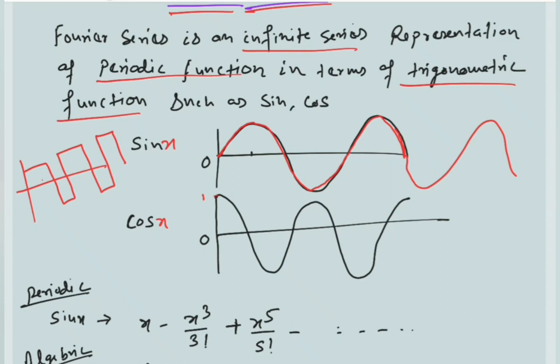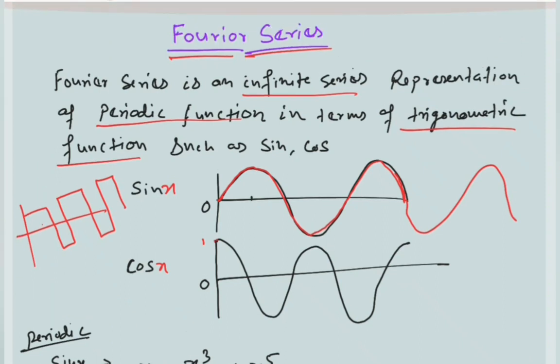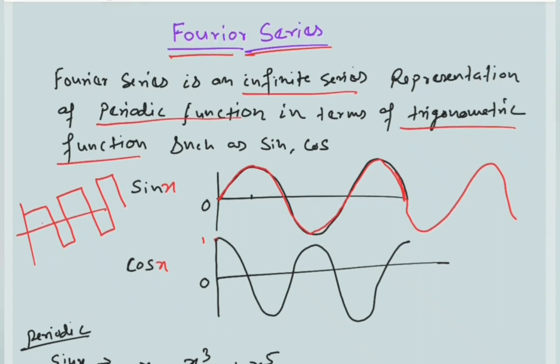So sine and cosine functions are periodic functions, and sine is a trigonometric function. You should know the trigonometric functions are sine, cos, tan, sec, cosec, like that. So Fourier series expansion is a representation of a periodic function in terms of sine and cosine, that is, trigonometric functions.